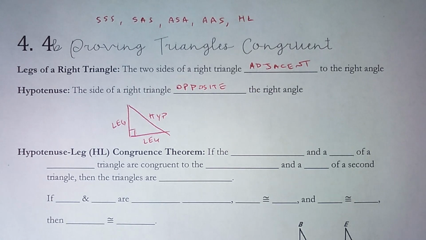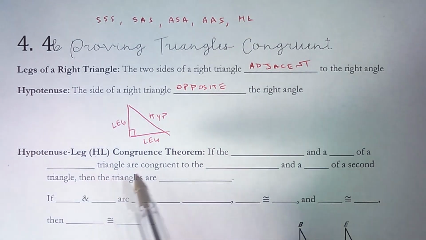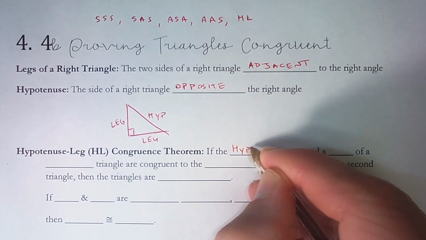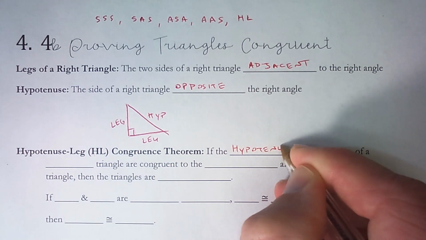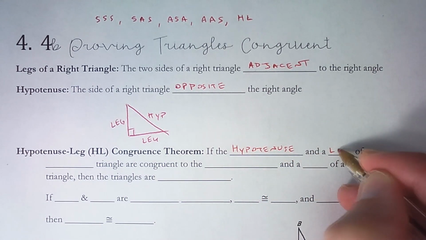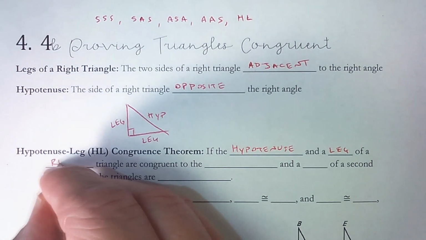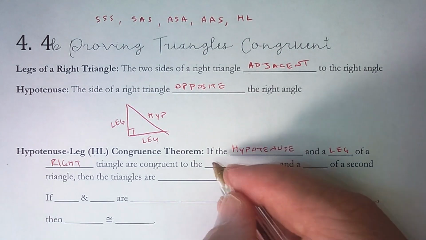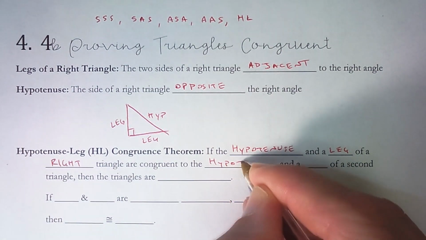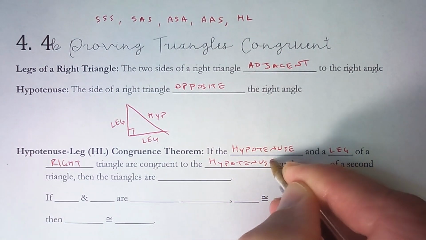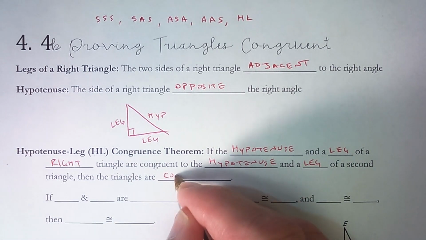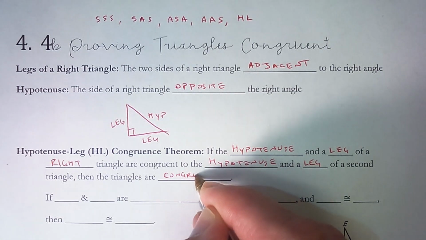So now that we know what hypotenuse and leg mean, we can use the hypotenuse leg congruence theorem, which says if the hypotenuse and a leg of a right triangle, and this only works for right triangles, are congruent to the hypotenuse and a leg of a second triangle, then the triangles are congruent.